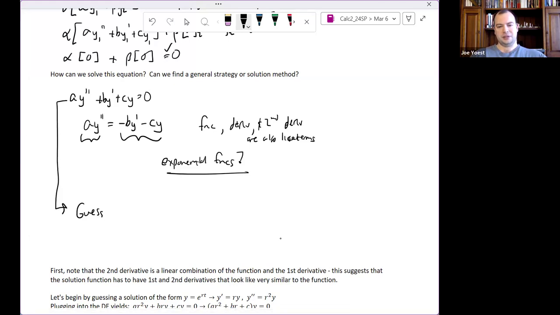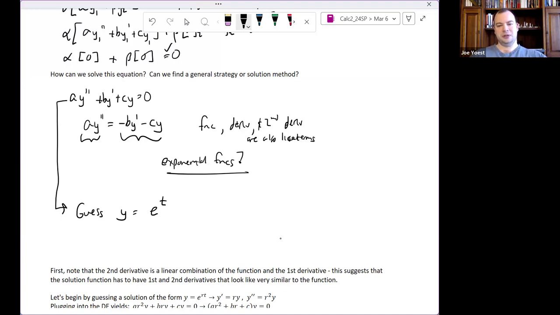Can I guess maybe y equals e to the t? Well, if y equals e to the t is a solution for some choice of a, b, and c, then it's almost certainly not going to be for a different choice. I need to add a degree of freedom in here.